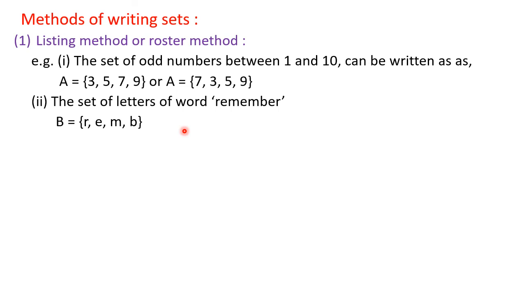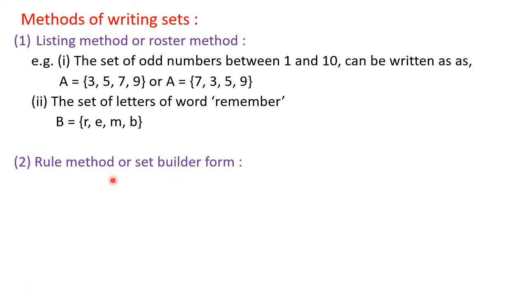Okay, so I hope you have understood the listing method. Here list means you have to write down all the elements in curly brackets separated by commas. Okay, now let us go further towards the second method.